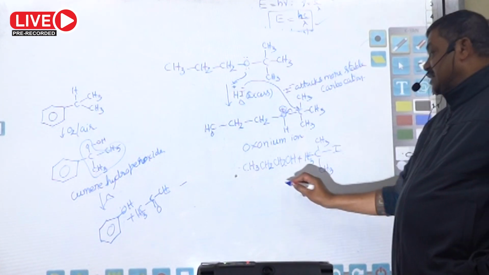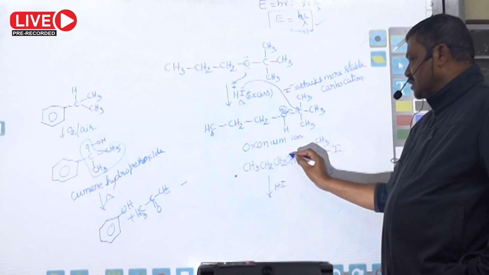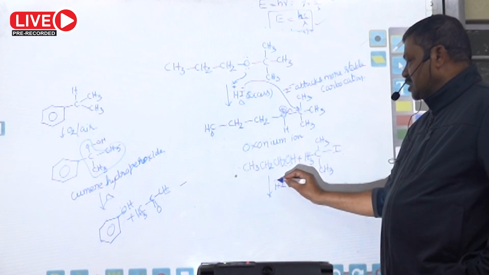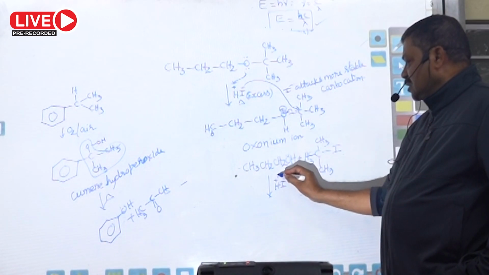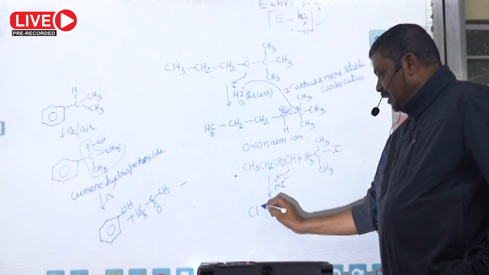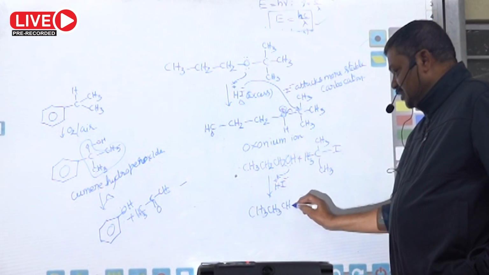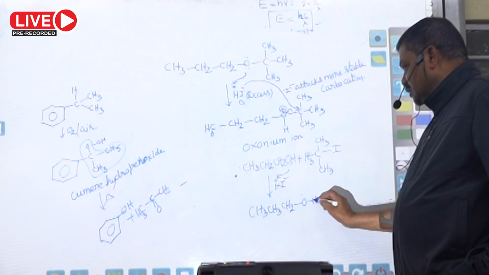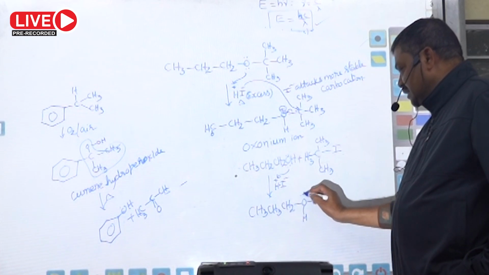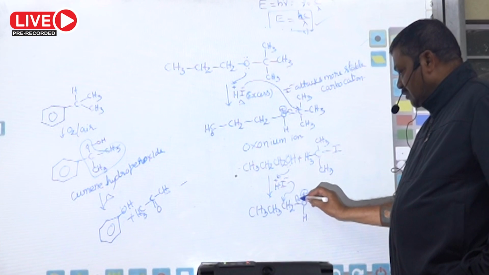But HI is excess. That's why one more HI molecule reacts. Here the H plus, I minus, one more protonation occurs. So again the same mechanism continues. This becomes OH2 plus. So I minus will attack here, water will be lost.